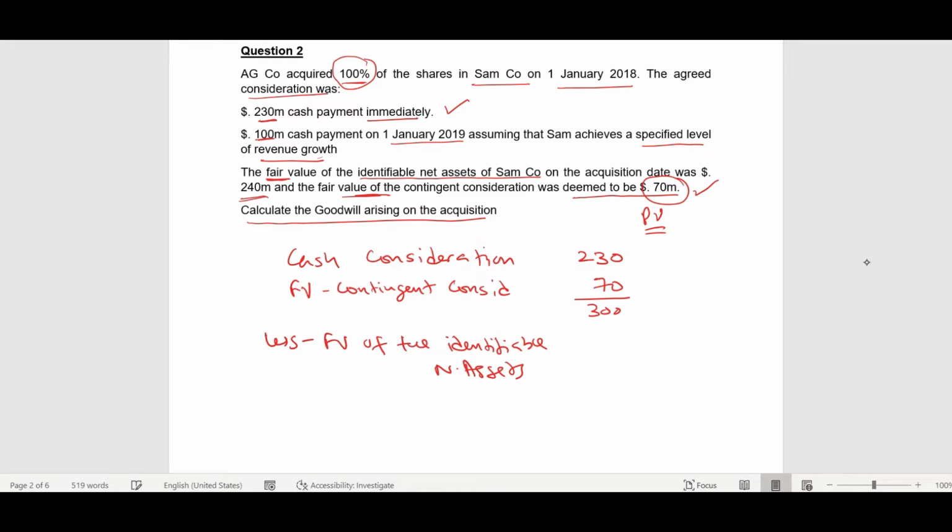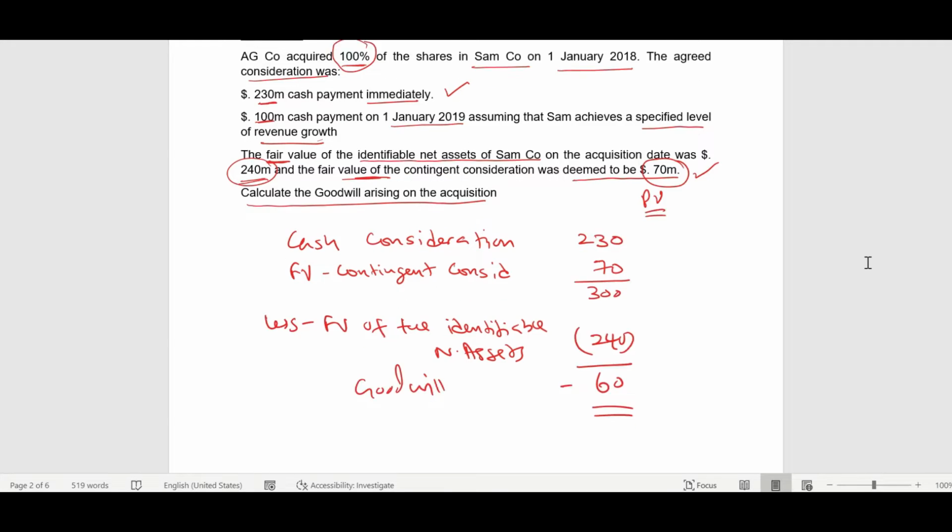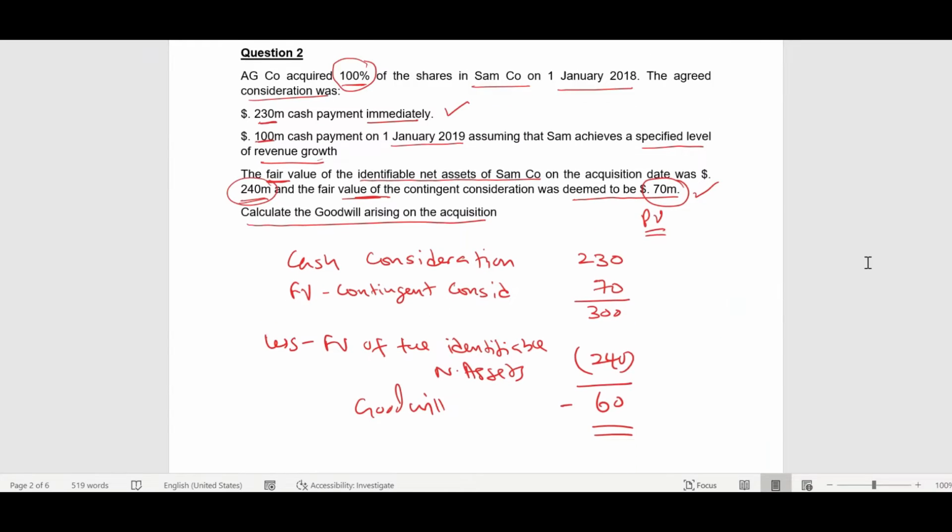How much is that? The fair value of the identifiable net assets was 240 million. So therefore, the goodwill will be how much? Goodwill will be 60 million. So this is the answer for the part 2.